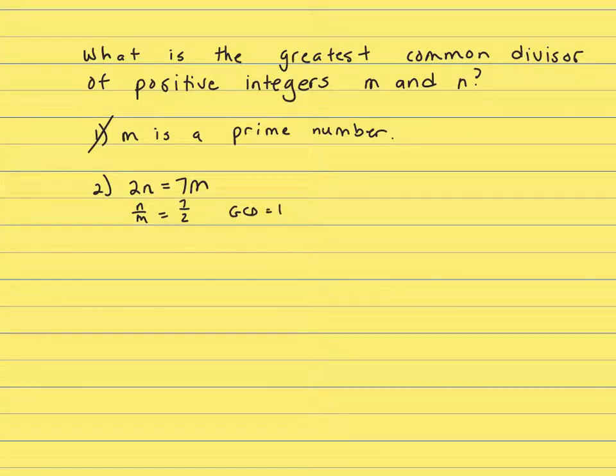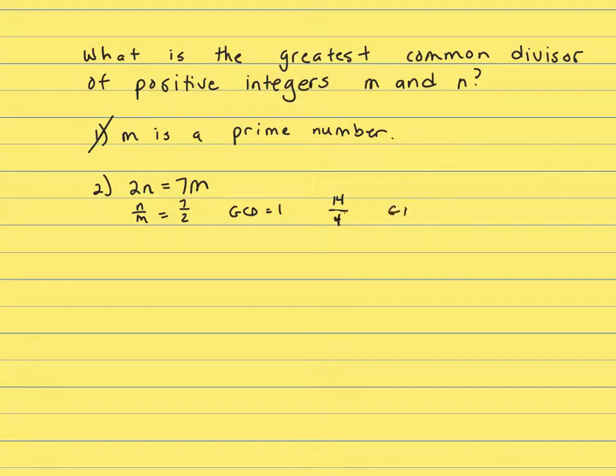Now, if I let n be 14 and m be 4, that gives me 7 over 2.